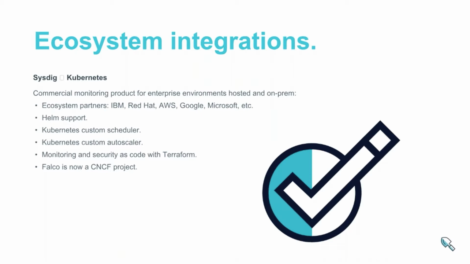But we also integrate with all these popular tools in the ecosystem. So if you're using things like Helm to deploy your application, know that you should be able to deploy your application or your monitoring using those tools like Helm or an operator.